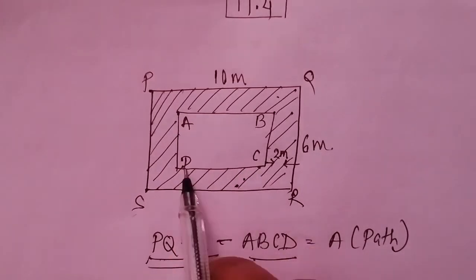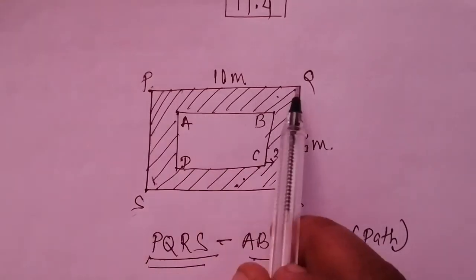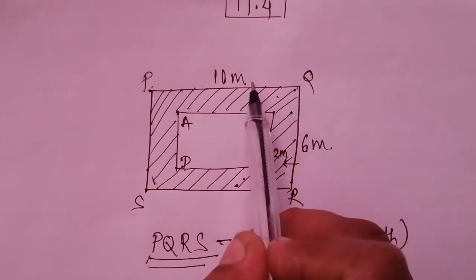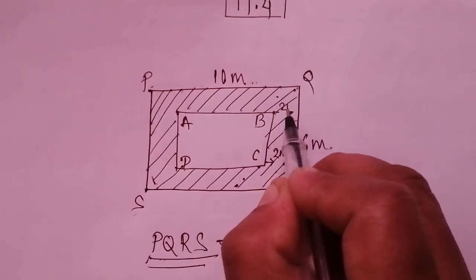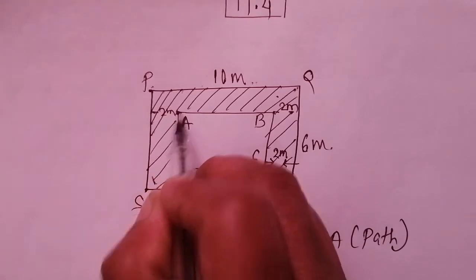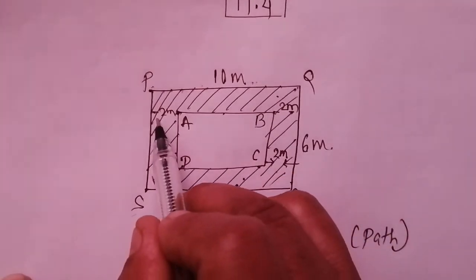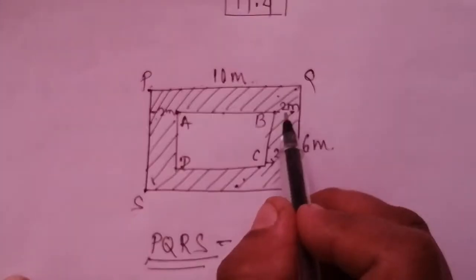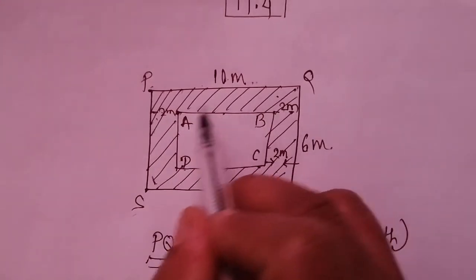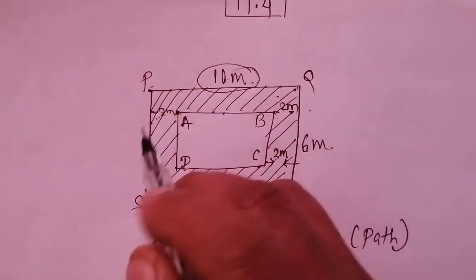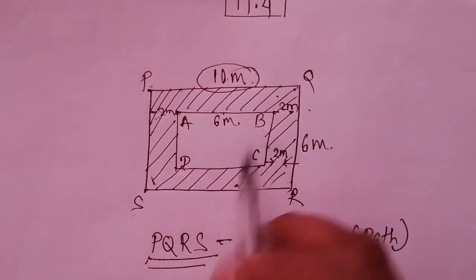Here the flower bed is given, and around it a pathway is given. Suppose this is 10 meter, and this is 2 meter wide, meaning from here to here it is 2 meter, and from here to here it is 2 meter. To find this, you have to subtract this 2 meter and this 2 meter from the 10 meter, meaning 2 plus 2 is 4. If you subtract this 4 from 10, you will get 6 meter as the length of the flower bed.